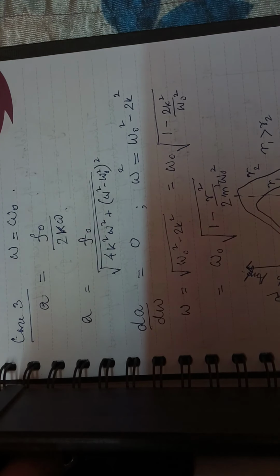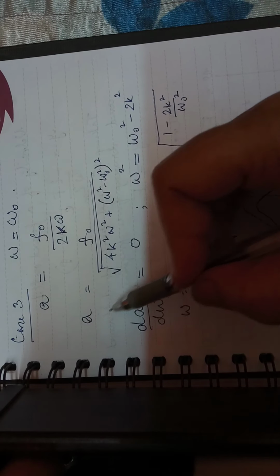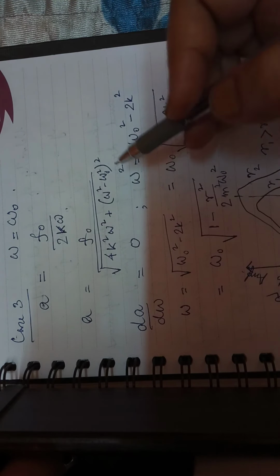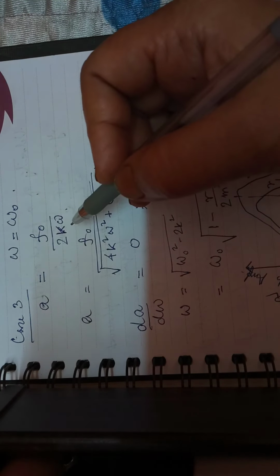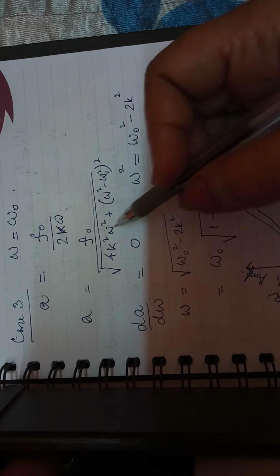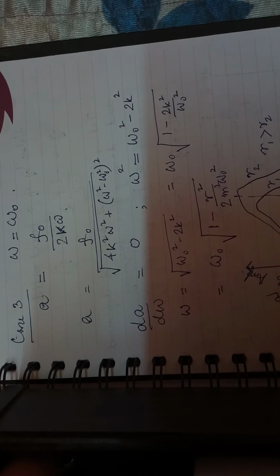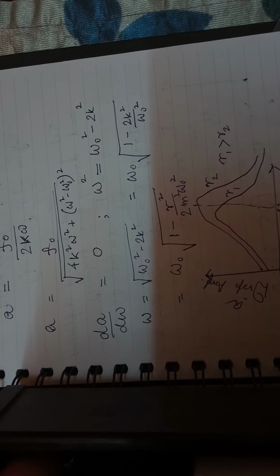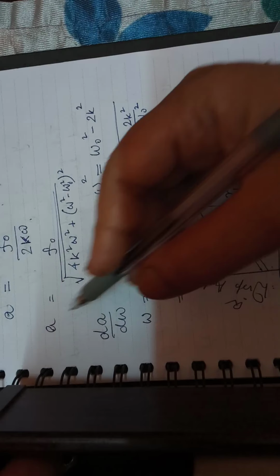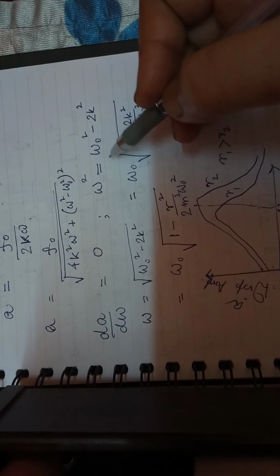So if you put down the value of the amplitude A in this manner, you can find out for what value of omega you would get the amplitude resonance, by doing dA d omega equal to 0.